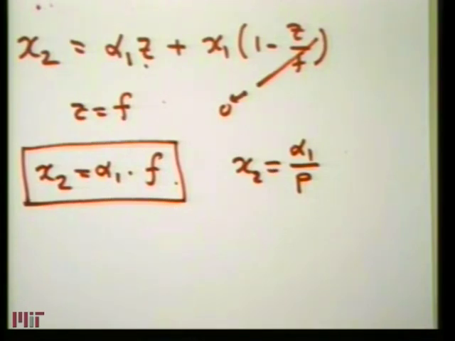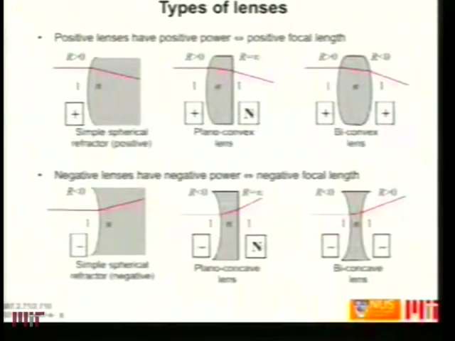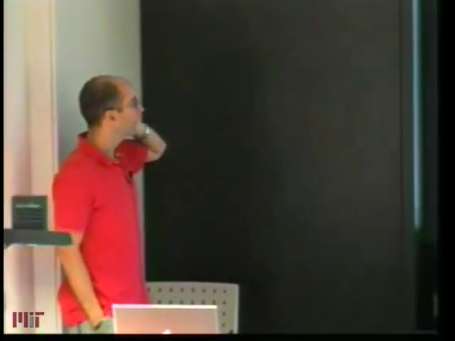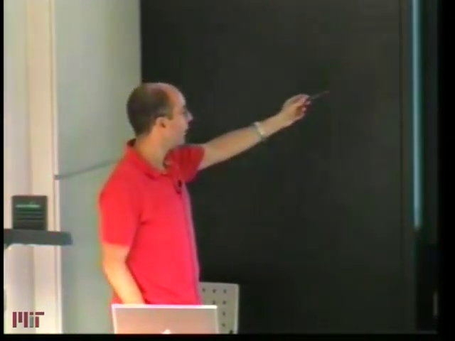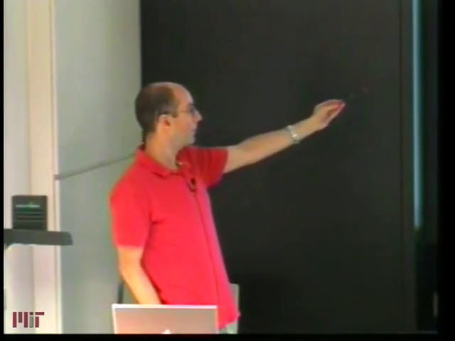Now, based on these equations that we just described, let's see some different cases of what would happen to the rays. What I've done here is put the different types of lenses together with a simple spherical refractor. The different types of lenses are plano-convex, where you have one convex surface followed by a planar surface, then biconvex, where you have two convex surfaces, then plano-concave and biconcave.